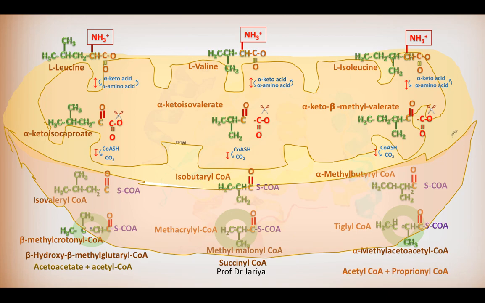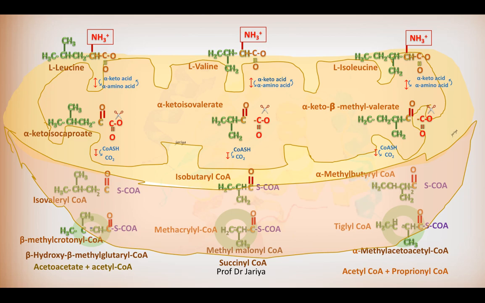So here we can see that leucine is exclusively ketogenic, with formation of acetoacetate and acetyl CoA. Valine is glucogenic through formation of succinyl CoA, and isoleucine is both glucogenic and ketogenic, and it forms acetyl CoA and propionyl CoA.